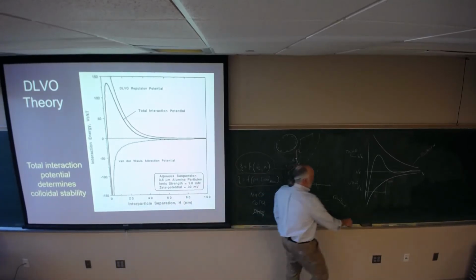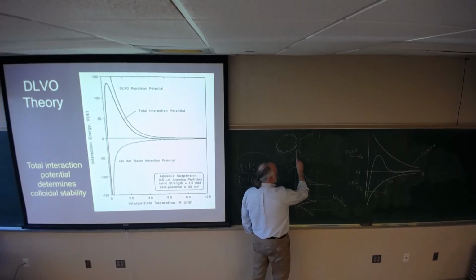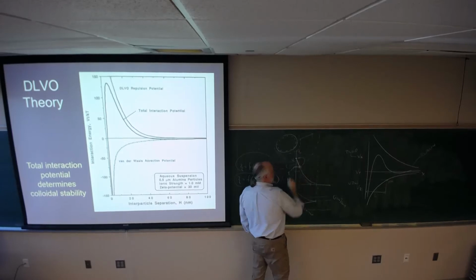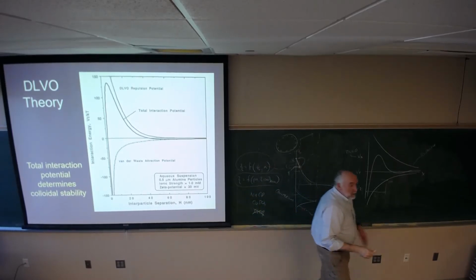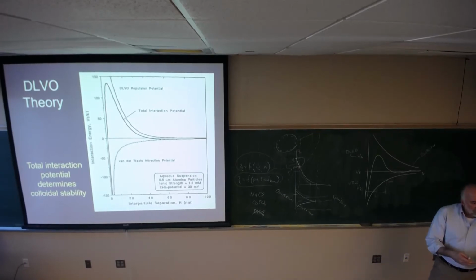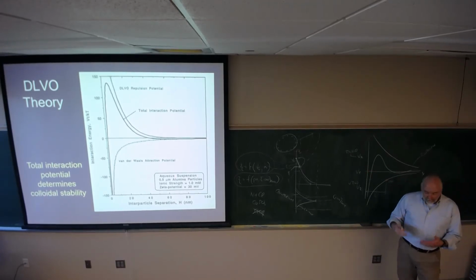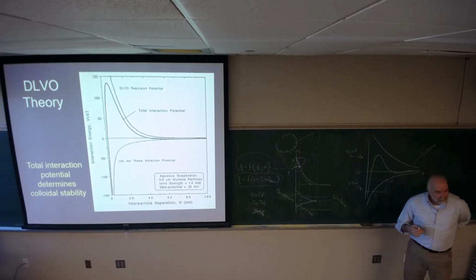So by measuring the zeta potential, remember I told you that this line is linear. So if I know this value, I can extrapolate back to what the Nernst potential is. The Nernst potential is actually used in the calculations. We obtain that value by calculation from the zeta potential, assuming that linear decay. So that goes back in, and we can then calculate the magnitude of the DLVO potential between the two.